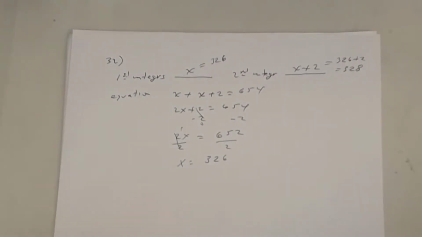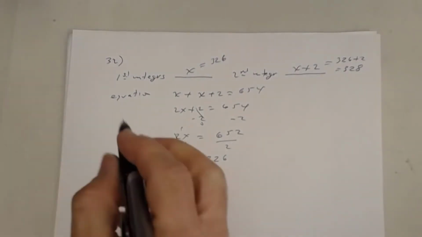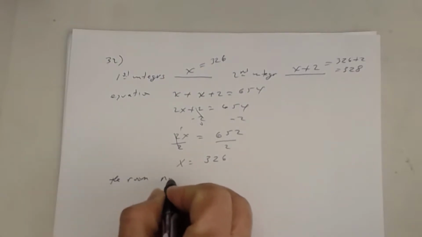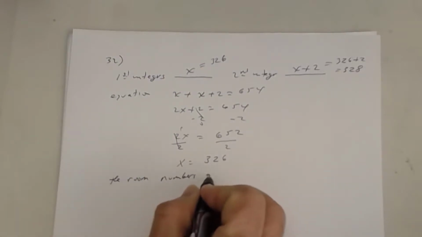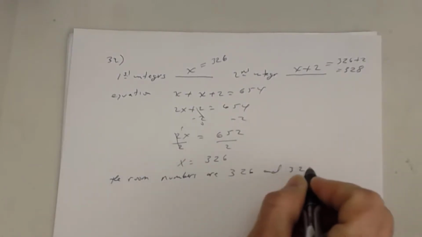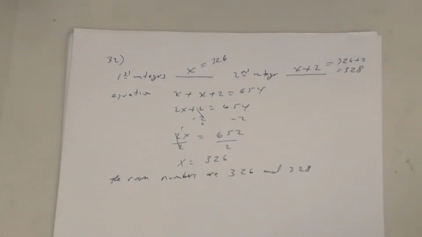The question was, find the consecutive room numbers. So you're going to say the room numbers are 326 and 328. All right, so that's 32.